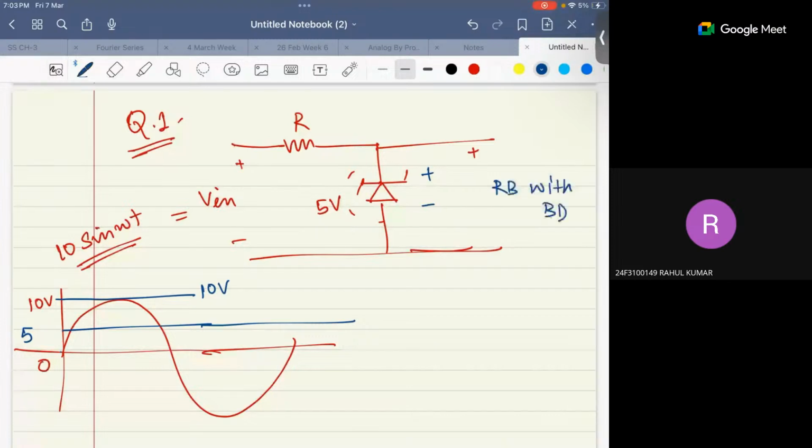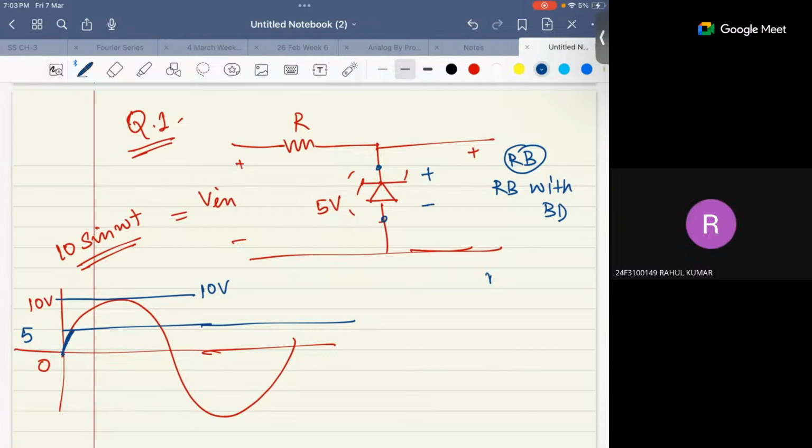If it is not crossing 5 volt, till that time it works as reverse bias only, like an open circuit. So V output and V input will be the same from 0 to 5, correct?